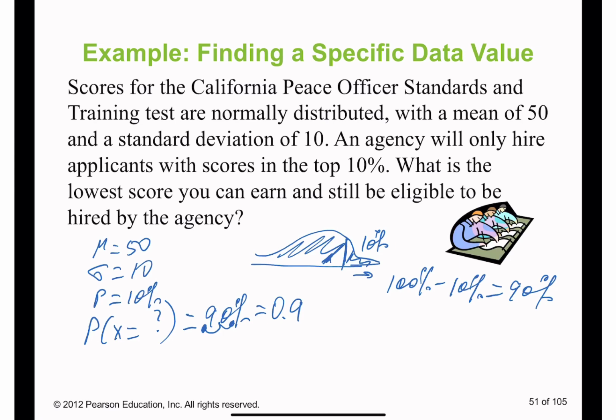So what do we have to do? We need to find the x, which means from the table we look up the 0.9 area, 90%, in the positive z-score. Once you get your z-score, through the formula you will find your x.